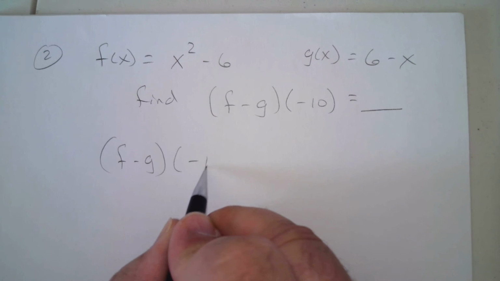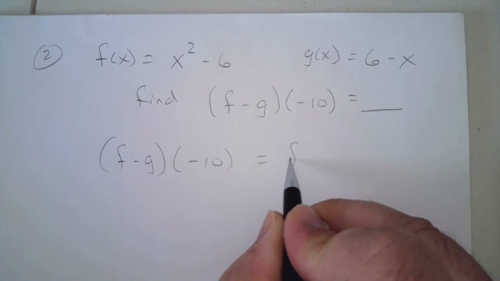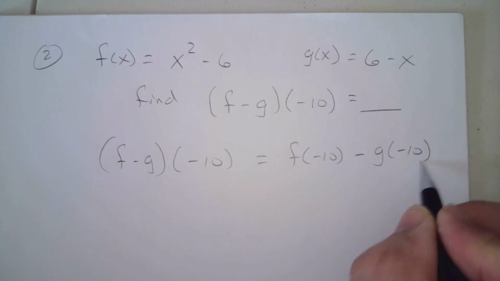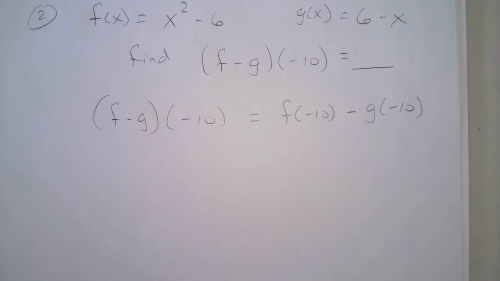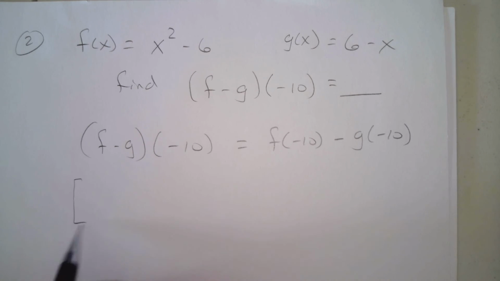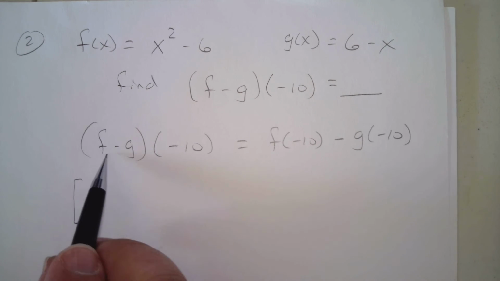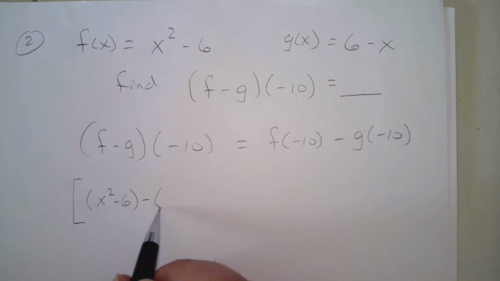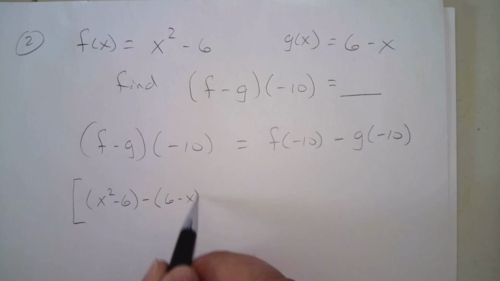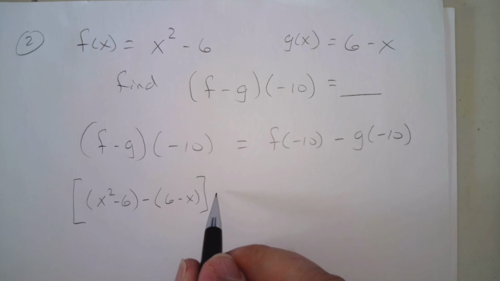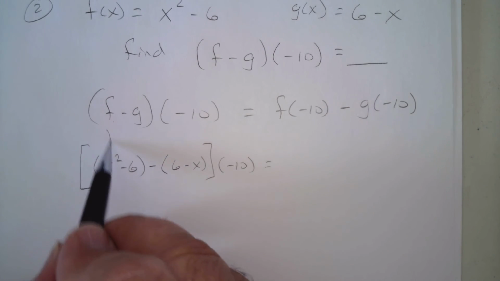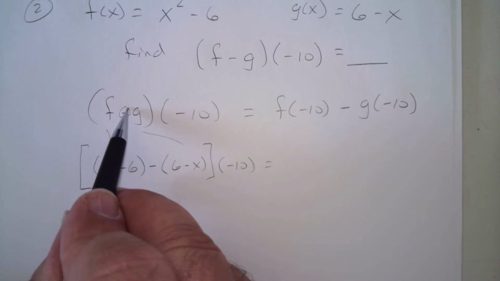F minus g of negative 10 is f of negative 10 minus g of negative 10. So f is x squared minus 6, minus 6 minus x, of negative 10. So there's your f, there's your g, and there's your minus.